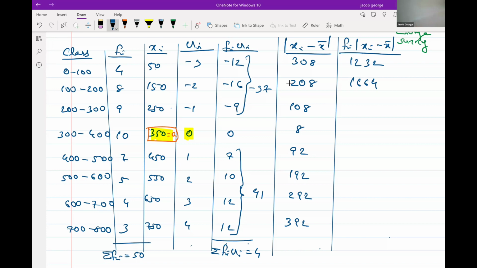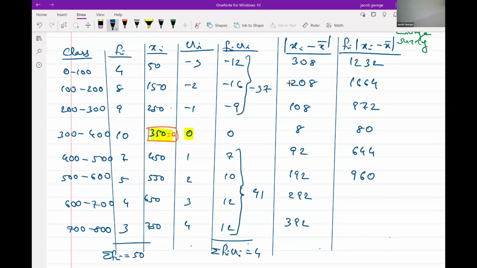Okay, so please do this calculation. Calculation, it takes time. CBSE, they don't allow calculator. So you have to do the manual multiplication. Next, 9 into 108. 972, right? 10 into 8. 7 into 92. 644. 5 into 192. 960.